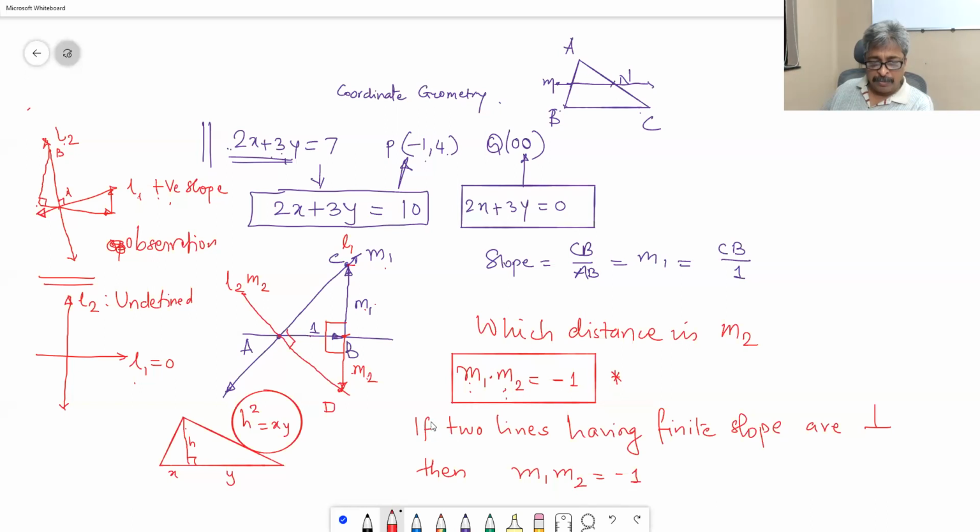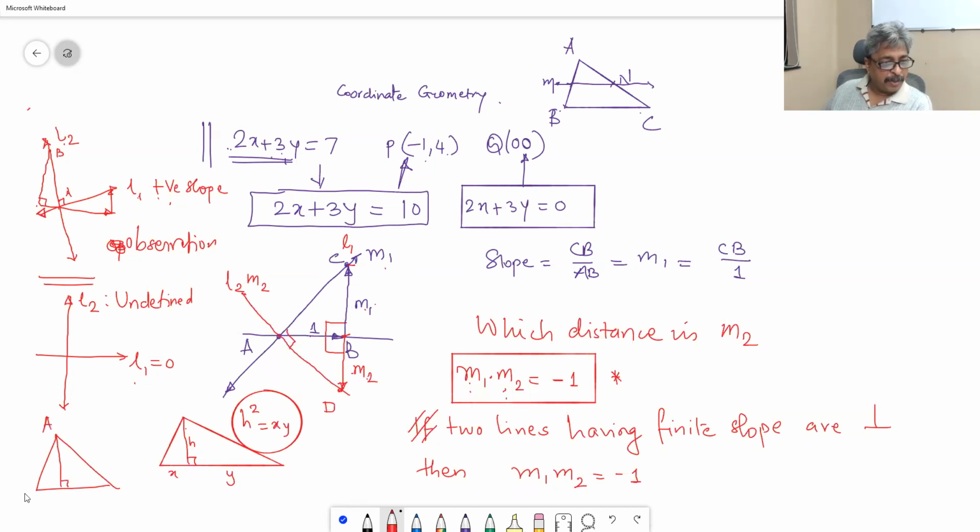So let me make it if and only if, because whatever discussion we have done here, if it is given that m1 m2 is equal to -1, we can always backtrack and say that they are perpendicular. So if I say in triangle ABC, like this, is this converse true?